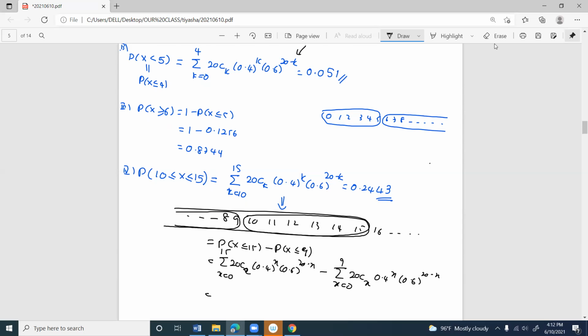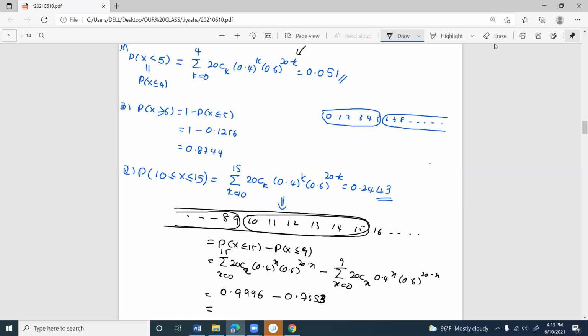So this answer is 0.9996 minus the value for 9, which is 0.7553.